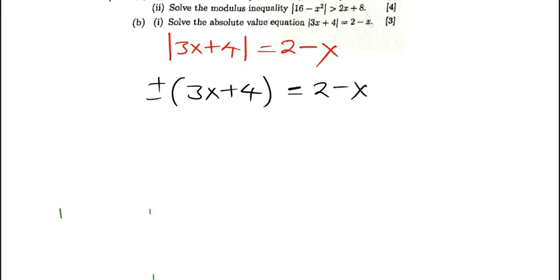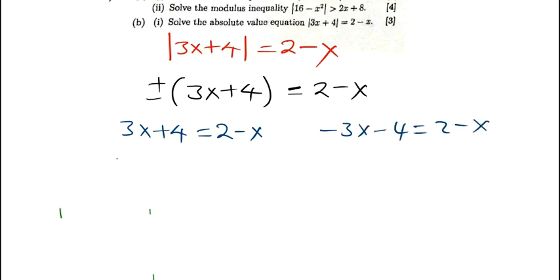So the two possible equations or results are the positive one, 3x plus 4 is equal to 2 minus x. The other one is distribute the negative. So we have 3x plus x when you collect the like terms, and then 2 minus 4, end up with 4x is equal to -2.